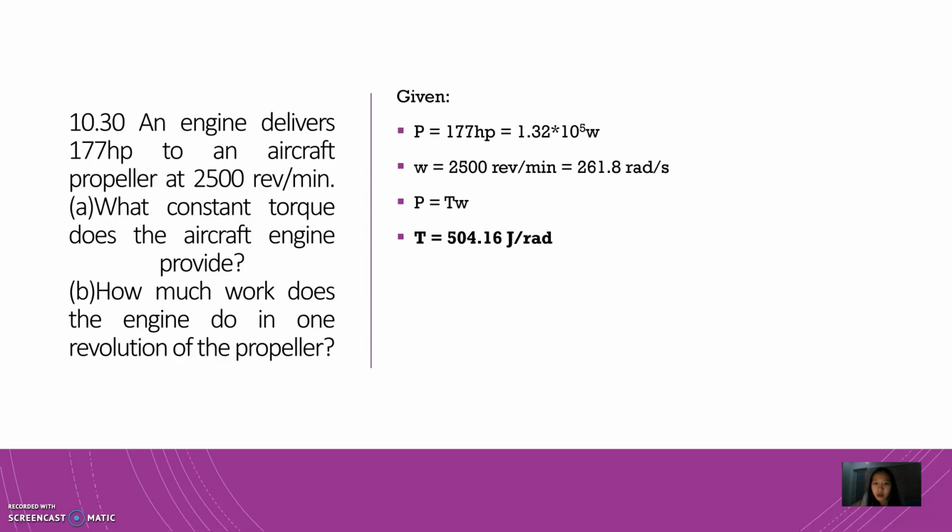You're given a power of 177 horsepower. You have to convert it into watts by multiplying it by 745.5 watts over 1 horsepower, and you'll get 1.32 times 10 to the 5th watts.